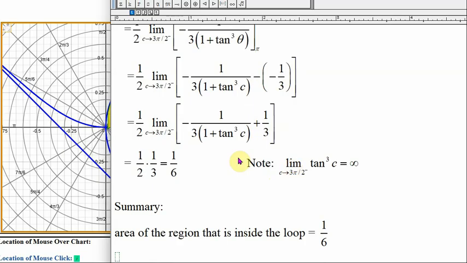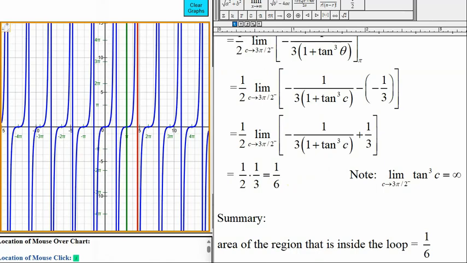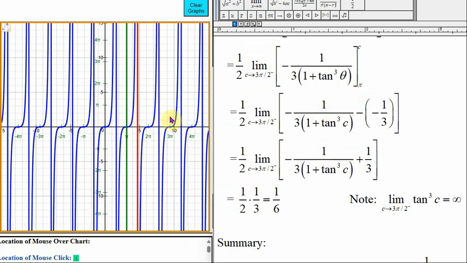And then notice that the limit of tangent to the third of c as c approaches 3 pi over 2 from the left is positive infinity. And then let's look at the graph of tangent to the third of x. This is the vertical line x equals pi, and then this is the vertical line x equals 3 pi over 2.